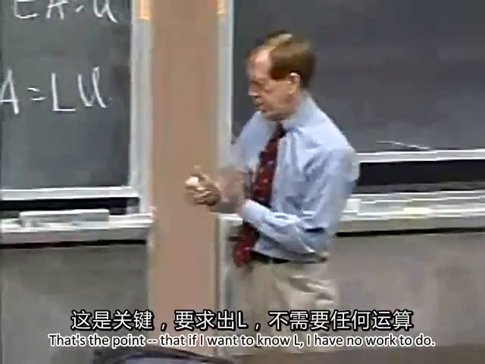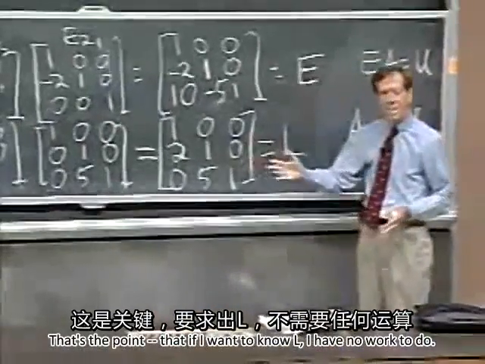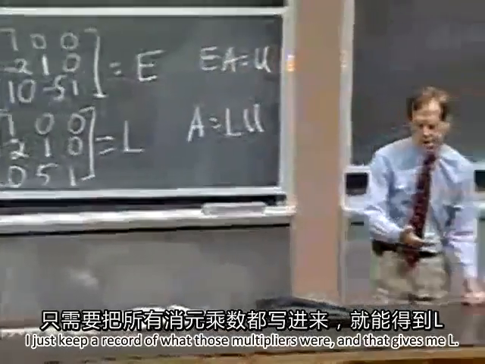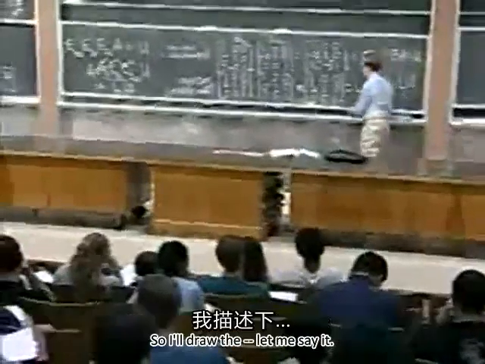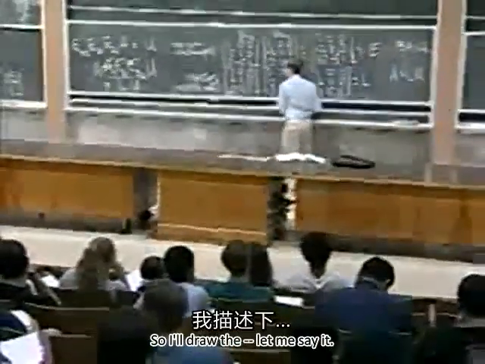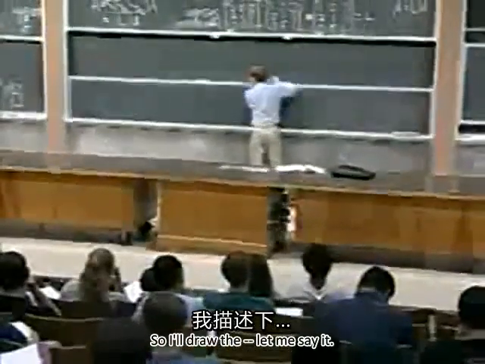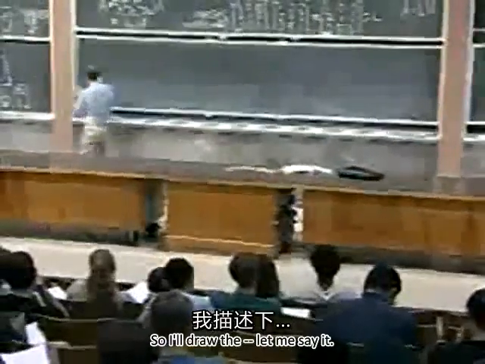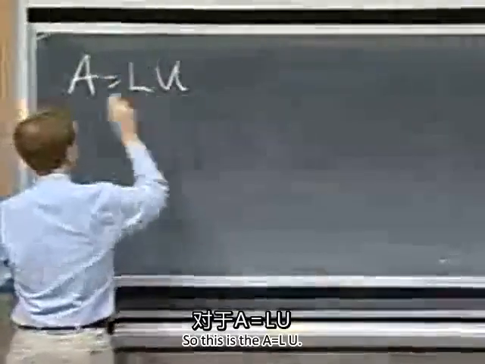That if I want to know L, I have no work to do. I just keep a record of what those multipliers were, and that gives me L. So this is the A equal LU.